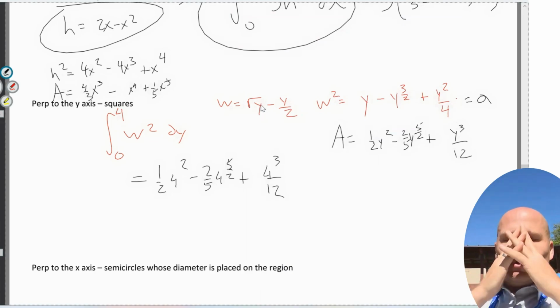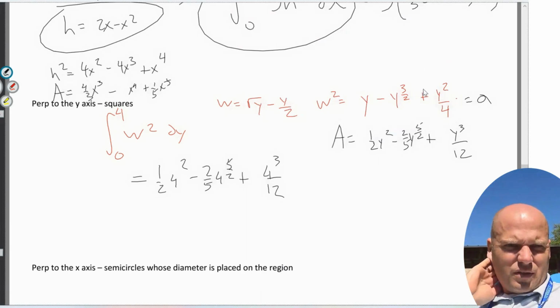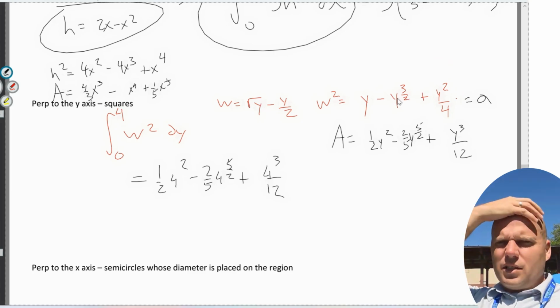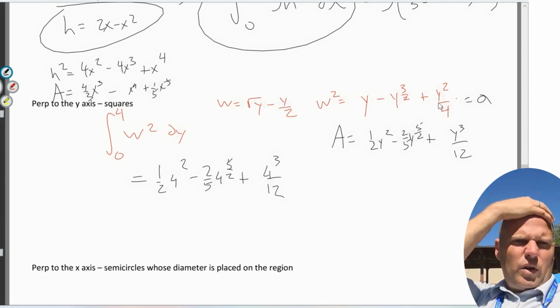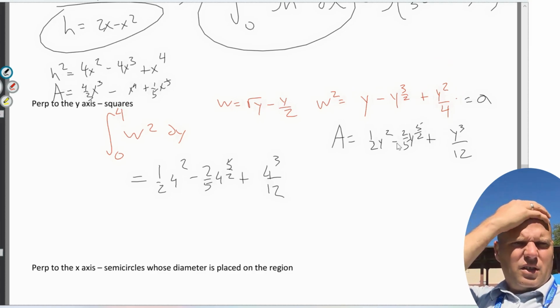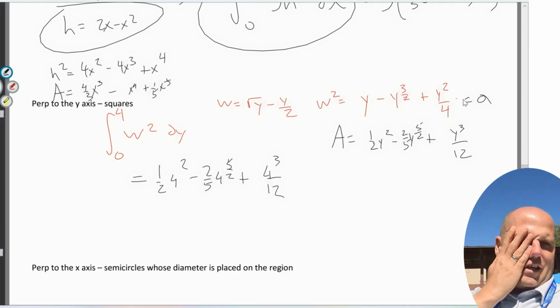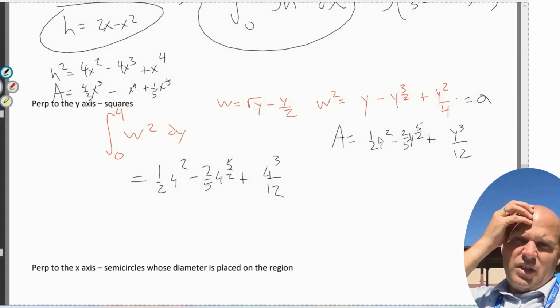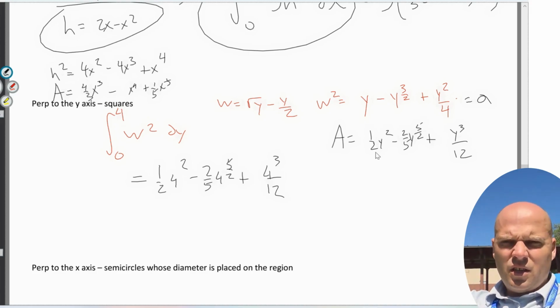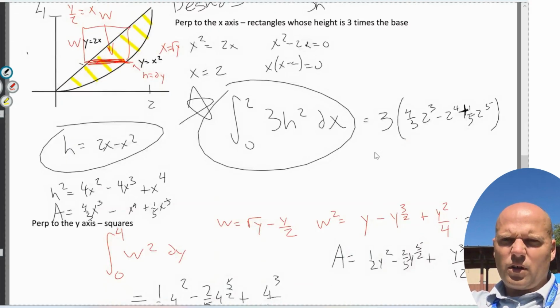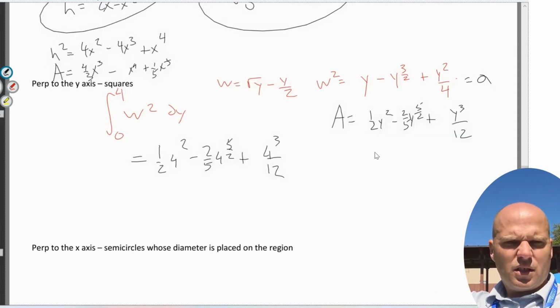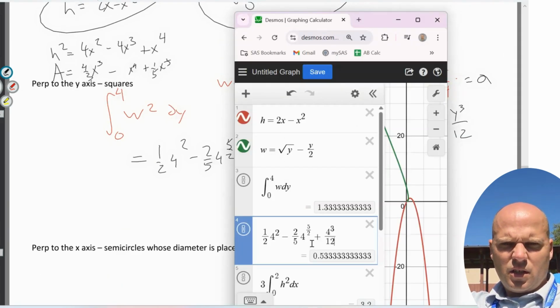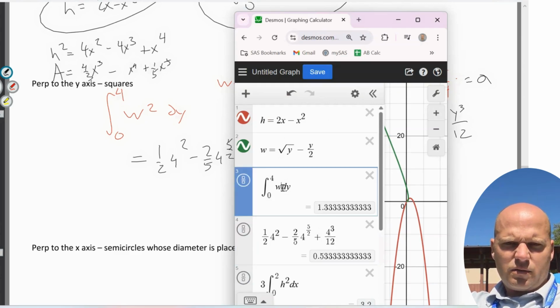Y 3/2 over 2. Okay, that's good. Twice. And then y squared over 4. That's good. Antiderivative of y cubed over 12. Good. Y to the 5/2 times 2/5. That's good. Y squared over 2. That's good. Plugging in 4. Yes. Shoot.